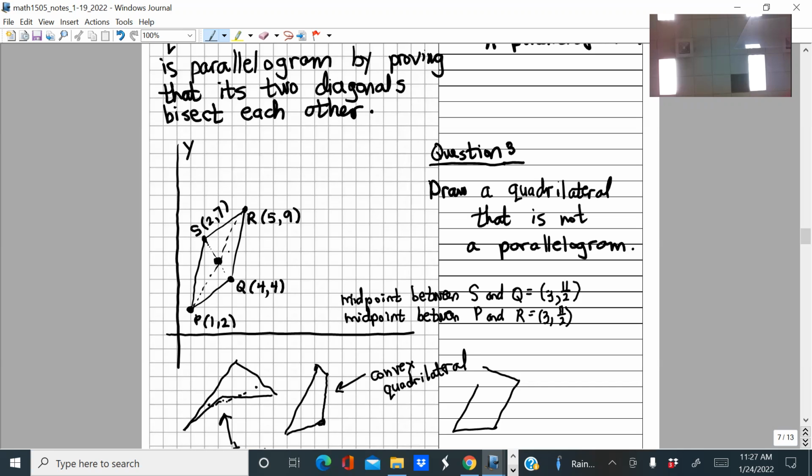They cut each other exactly in two. That means this quadrilateral has to be a parallelogram. So there's an easy way to test if a quadrilateral is a parallelogram just by calculating the midpoints of the two diagonals across the quadrilateral, and if they come out the same, then you know the quadrilateral is a parallelogram.